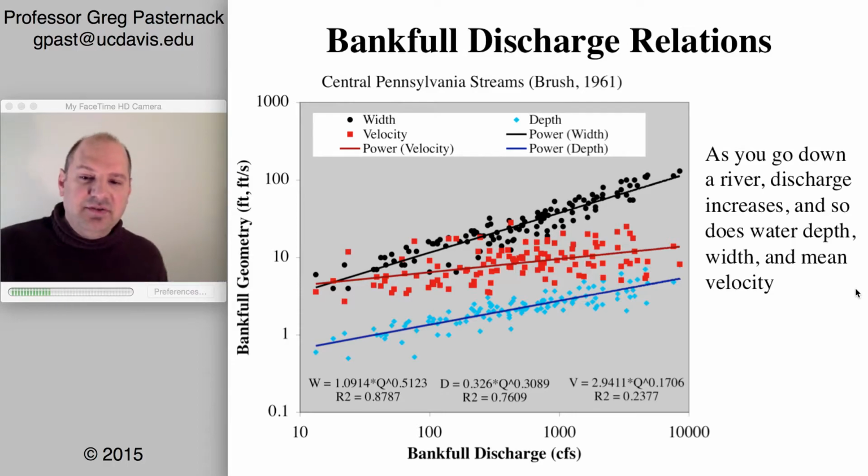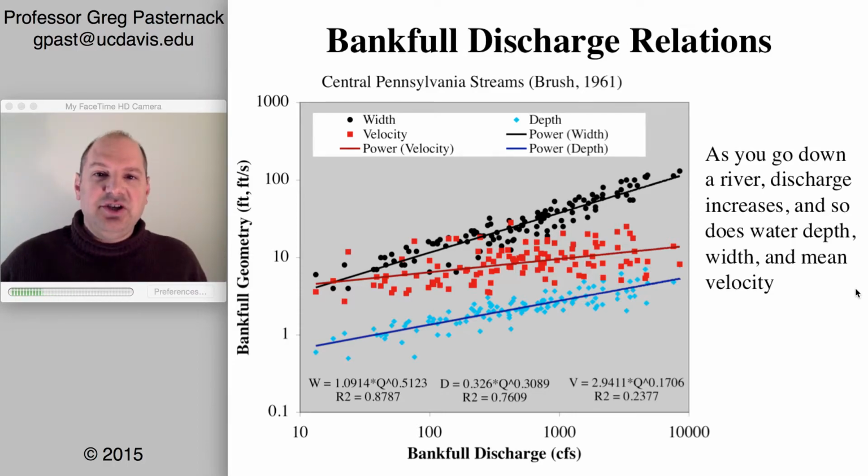Here are some examples of some bankfull discharge relationships that show that if we look at what is the width, depth, and velocity of a river when bankfull discharge is occurring, then we can see that there are relationships that exist there that could help us to size a river empirically for those flows.